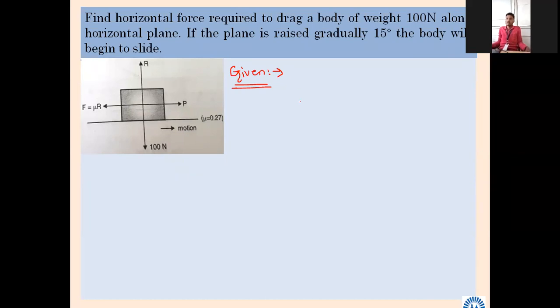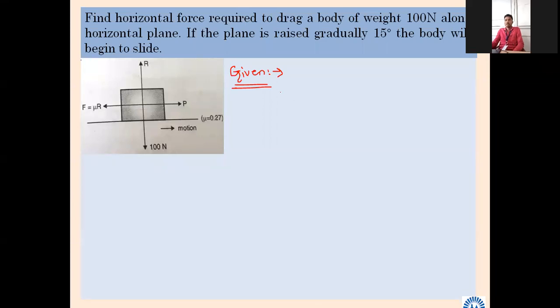Read it, all of you, and let me know what you understand from this. What is given? Who will tell me? Have you all read the problem? Yes, sir.